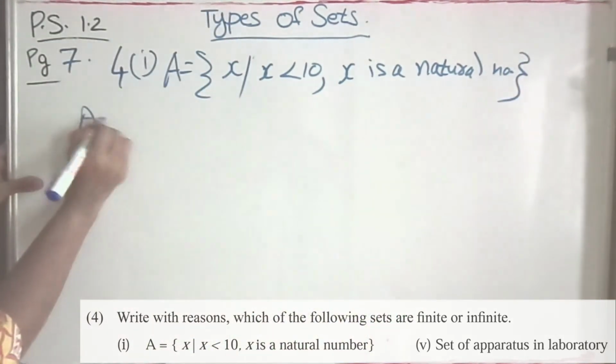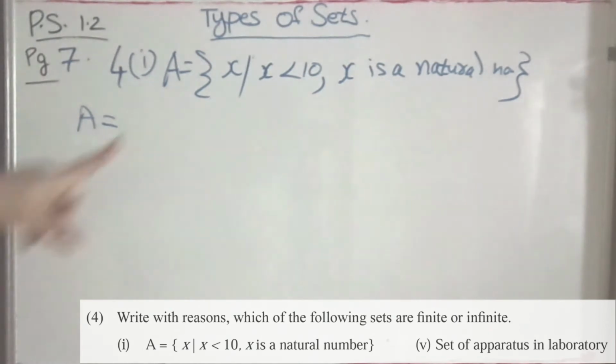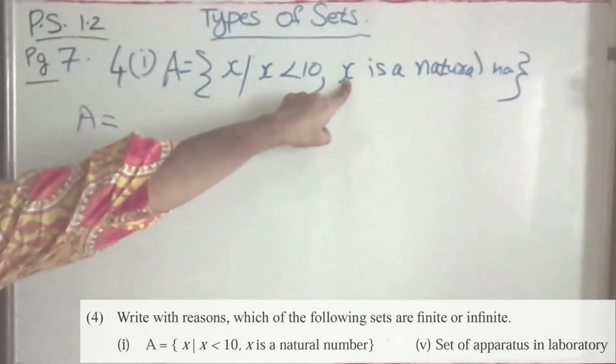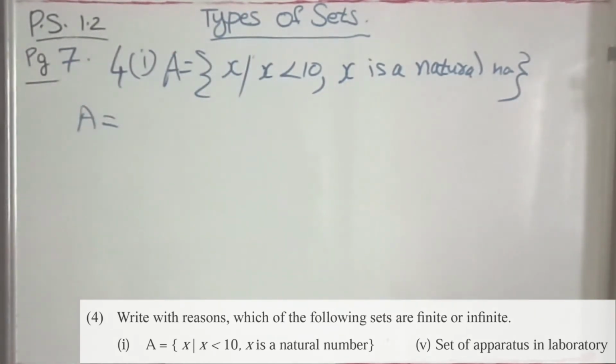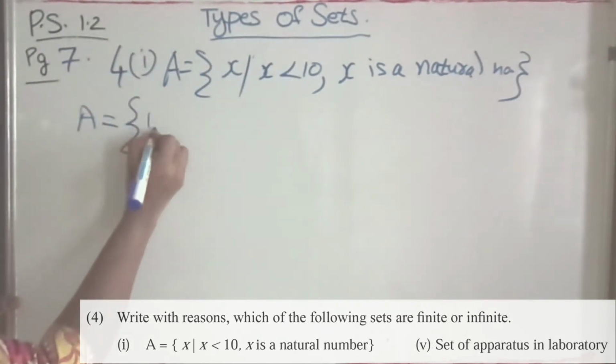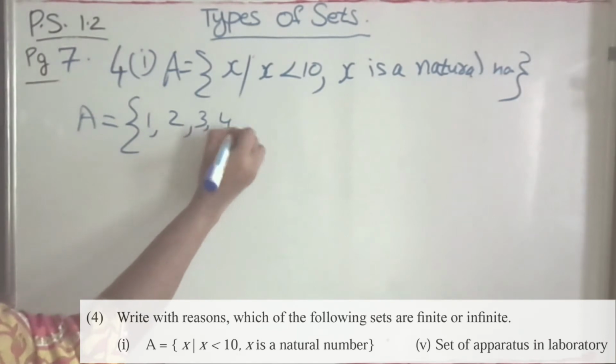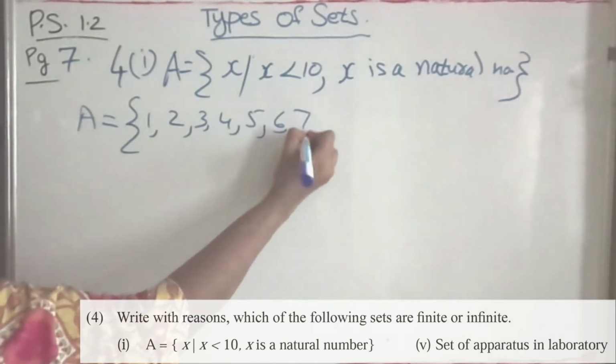Okay. They are saying that element x is a natural number, but it should be less than 10. Which are the natural numbers less than 10? What will come in A? 1, 2, 3, 4, 5, 6, 7, 8, 9.